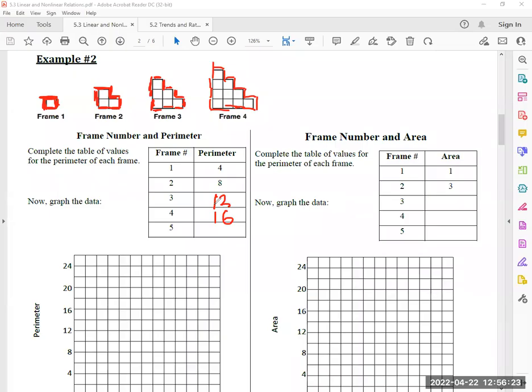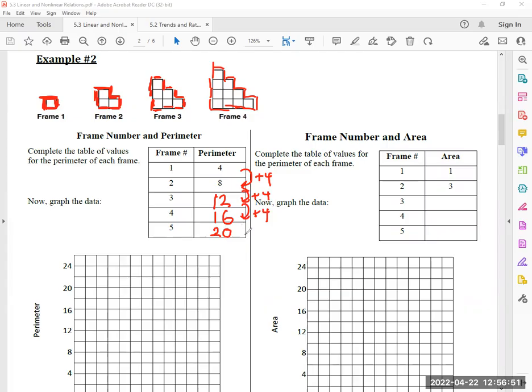See a pattern? Every time the frame increased, what happened? Plus 4, plus 4, plus 4. So even without drawing the next frame, what do you think the number will be? Hence, the beauty of relationships.